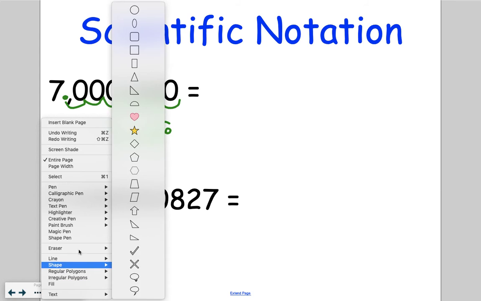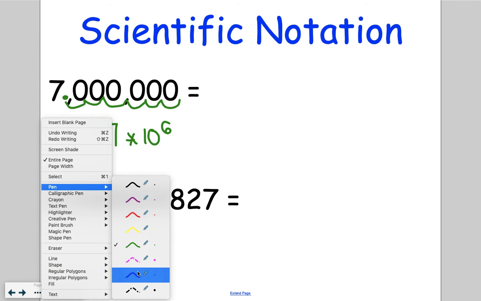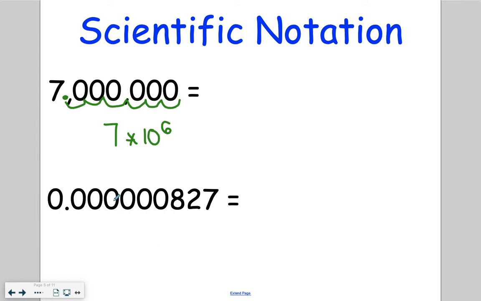If I come down to this second one, again, I want to find a place where I can put the decimal so that it is a single-digit number. If I put it here, that gives me 827, so that doesn't work. If I put it here, that would give me 82.7, so that doesn't work.